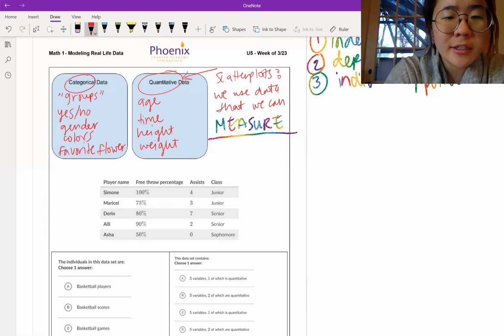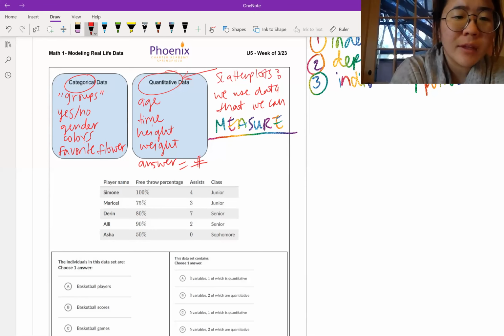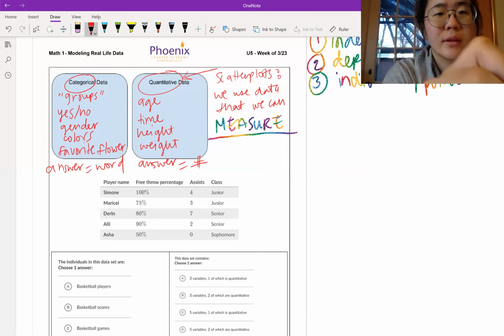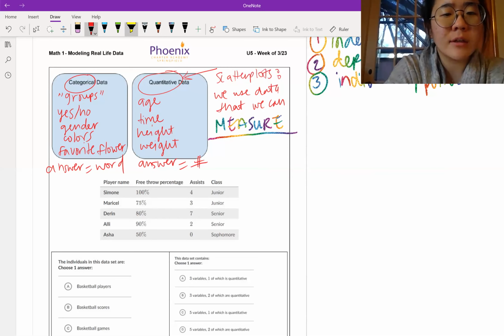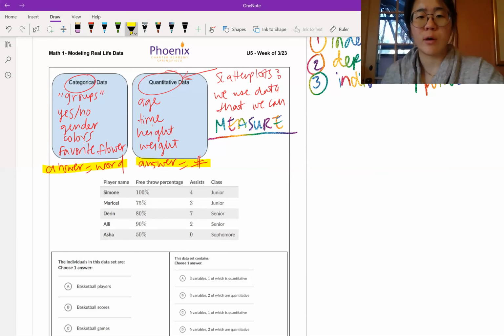If your answer is a number, that means it's quantitative. If your answer is a word, it's typically categorical, okay? So that's a key way of remembering what is categorical and quantitative. If I ask, what's your age?